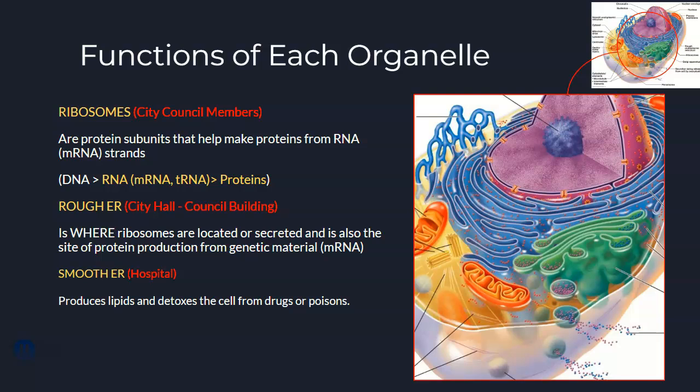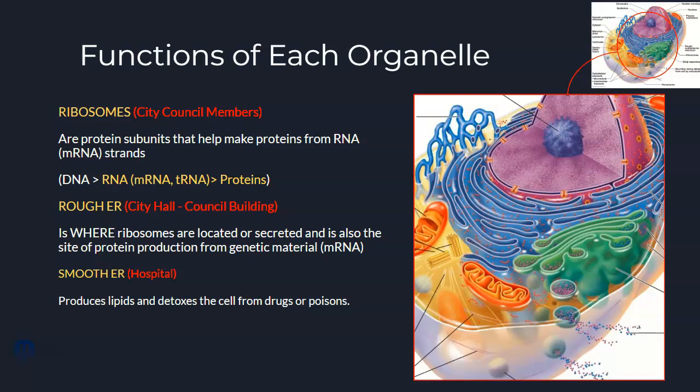So the rough ER is actually connected to the nucleus or the nuclear envelope, and there is a reason for that, because immediately when mRNA enters into the cytoplasm outside of the nucleus, it is going to be translated to a protein. Okay, so we want that, and once it's translated to a protein, it's going to go further through the next process.